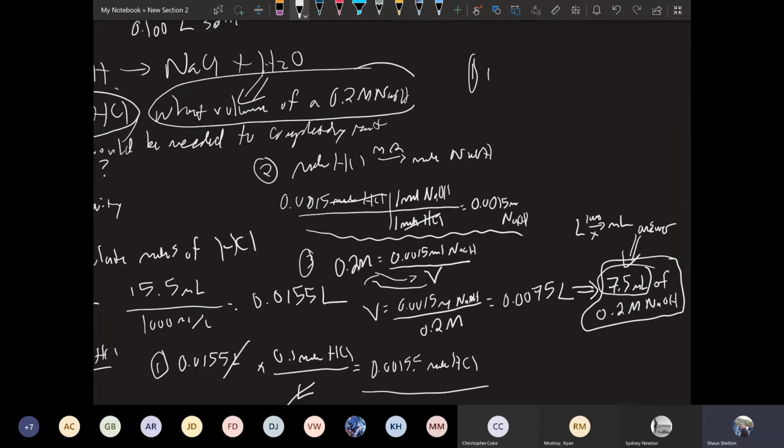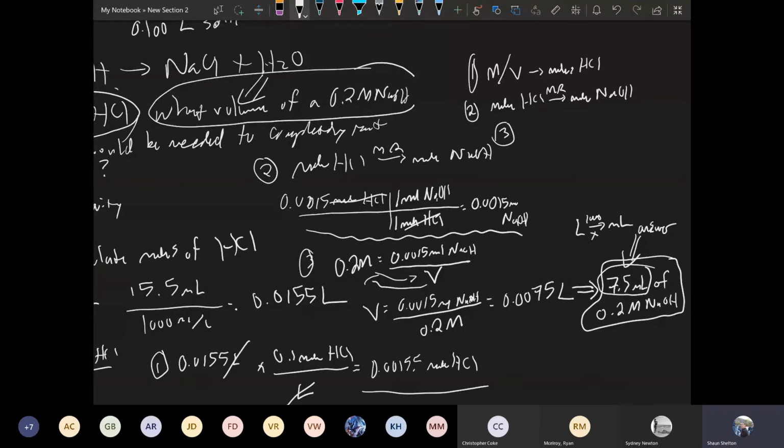So, recap here: molarity and volume get us moles of HCl. Second step was taking your moles of HCl and converting that into moles of NaOH using the mole ratio.